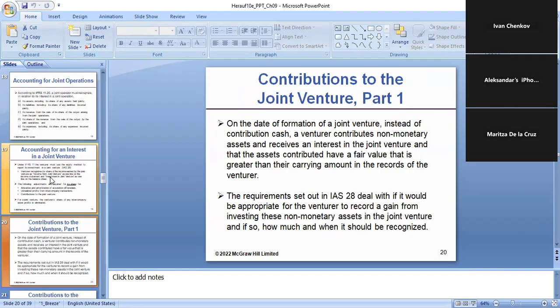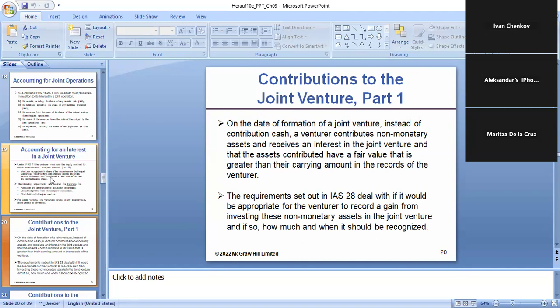Now, the requirements of International Accounting Standard 28 deal with whether it is appropriate for the venturer to record the gain from investing those non-monetary assets into the joint venture, and if so, how those gains should be recognized.